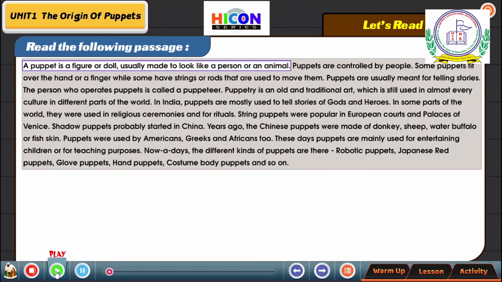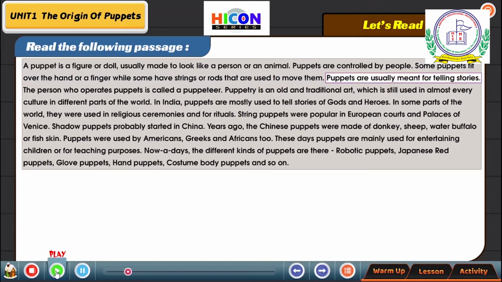A puppet is a figure or doll usually made to look like a person or an animal. Puppets are controlled by people. Some puppets fit over the hand or a finger, while some have strings or rods that are used to move them.